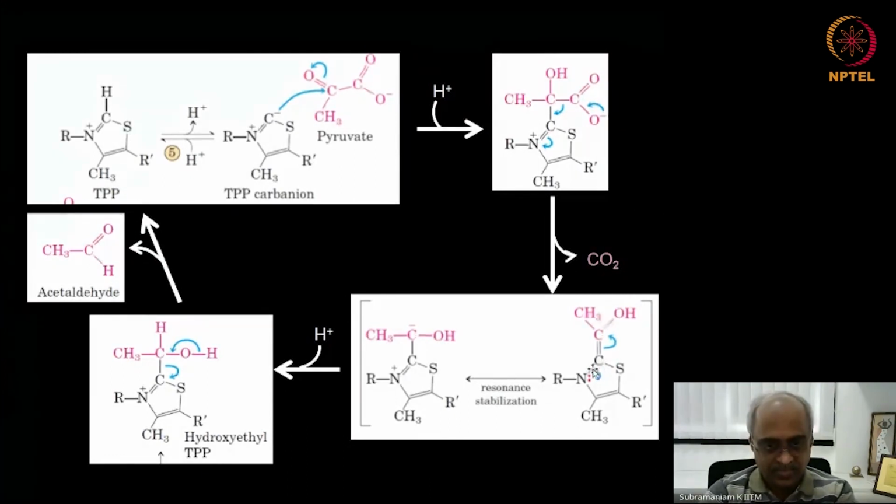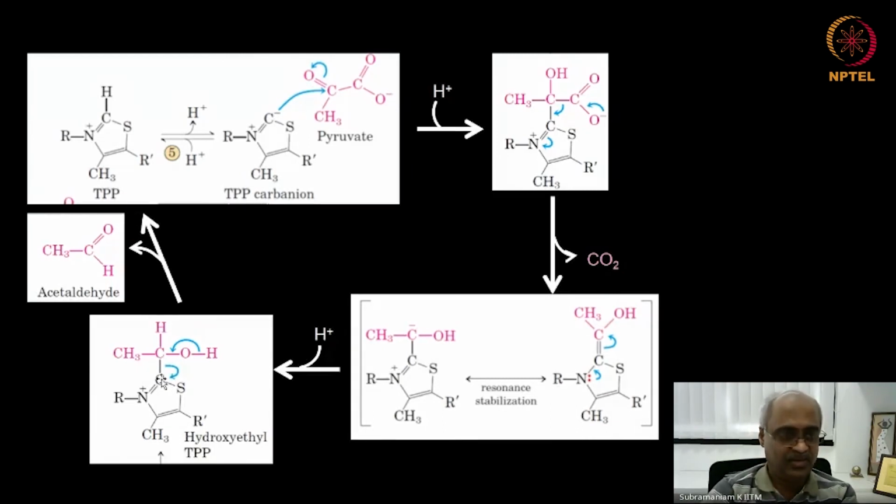And this structure, because of the delocalization of electrons, has resonance stabilization between the two forms. So you have either this double bond or the carbanion, and both of these can readily be stabilized by delocalization among these atoms, among these bonds. And then protonation leads to the formation of this hydroxyethyl structure.